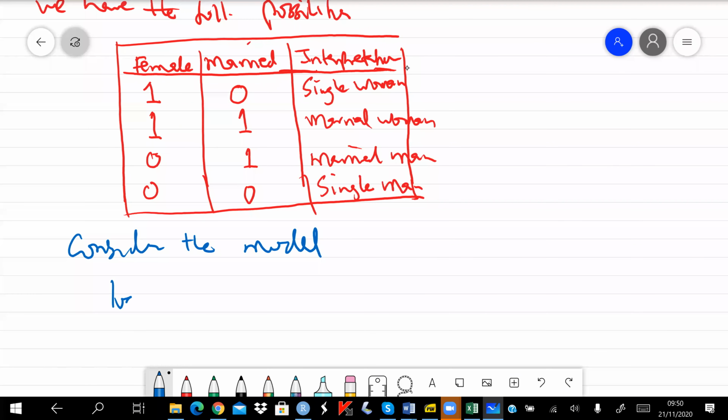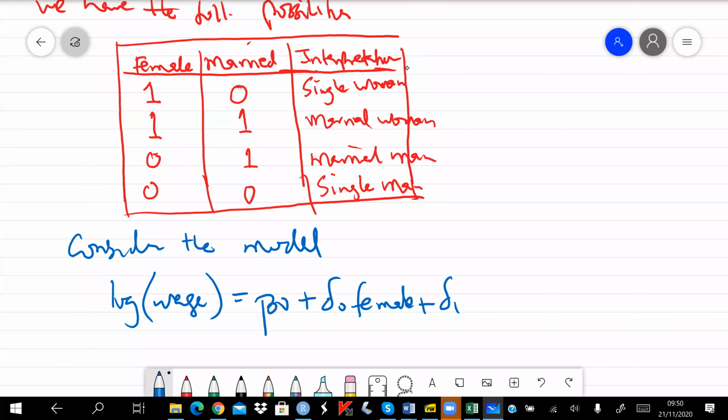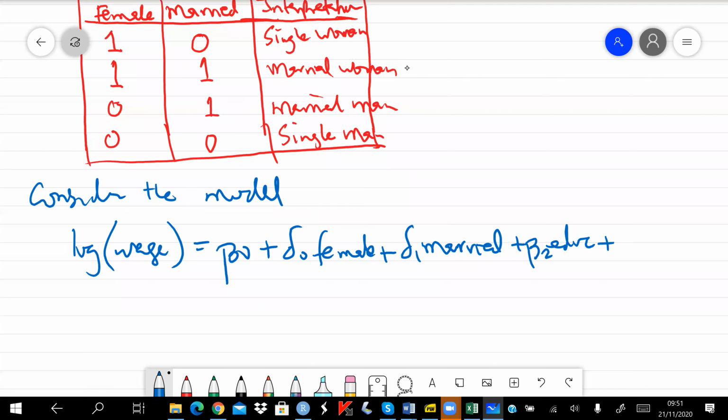We have log of wage is equal to beta naught plus delta naught female plus delta 1 married plus beta 2 education plus beta 3 experience, then beta 4, which is the tenure, plus the error term.